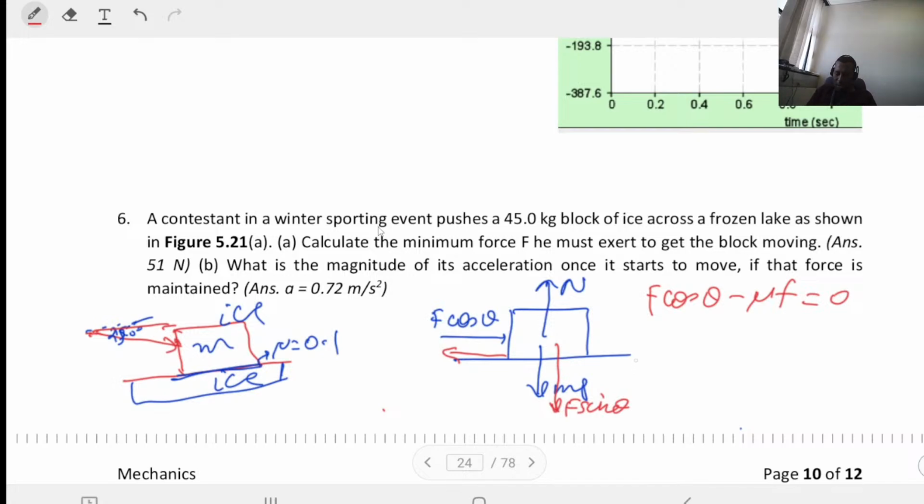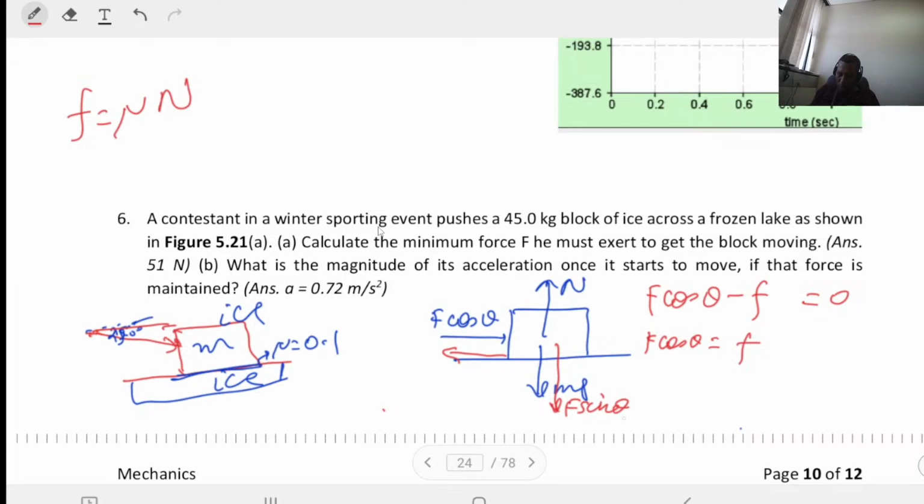If you put together now, F cos theta must be equal to the frictional force. Remember, the frictional force is mu times the normal force.